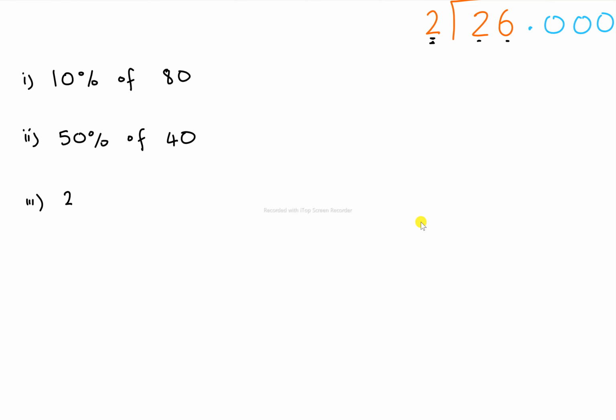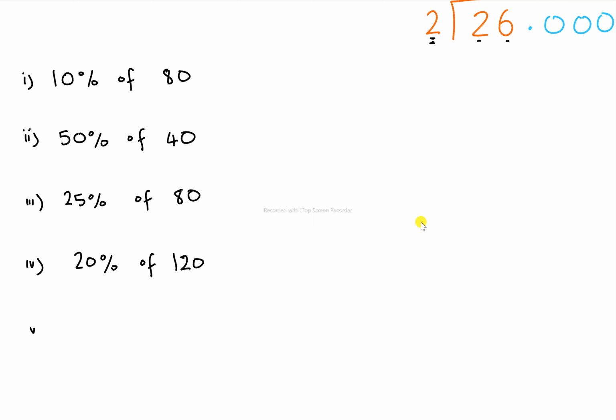So we're working out 25% of 80, and we can work out 20% of 120.